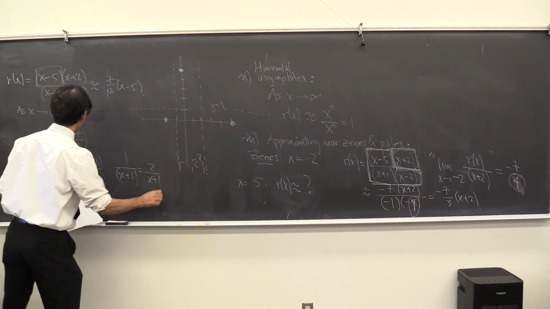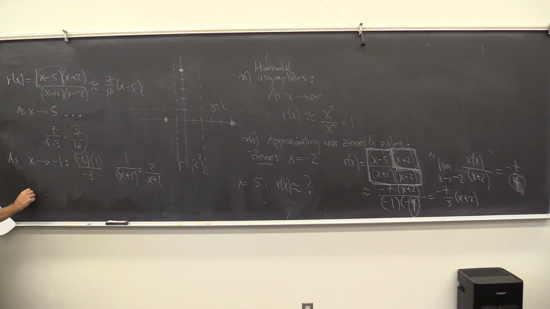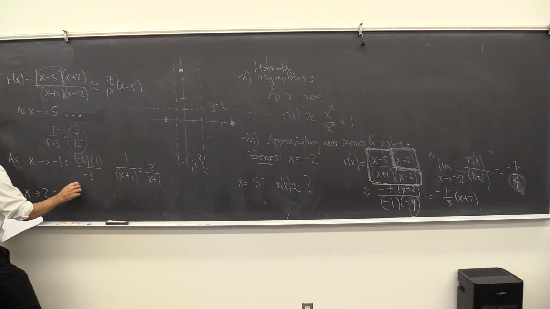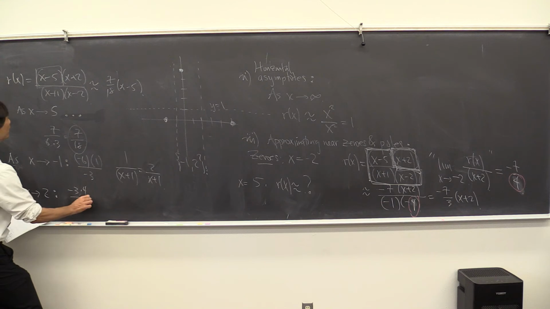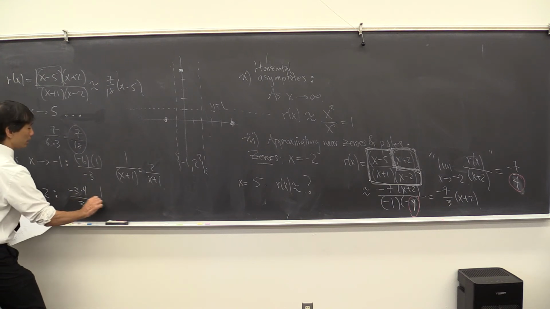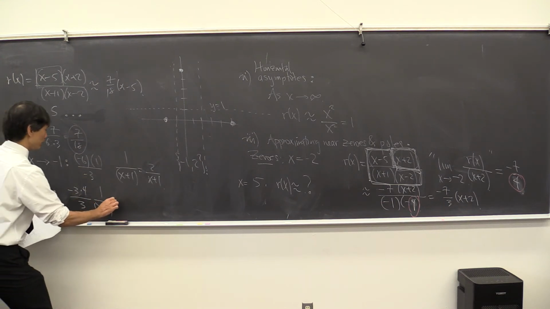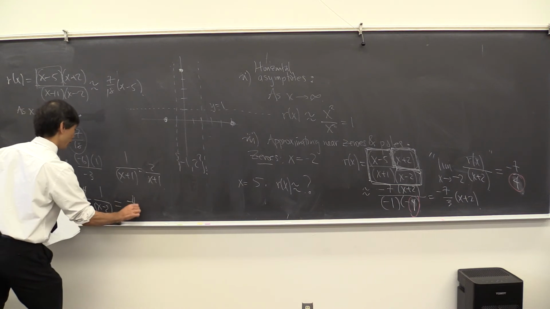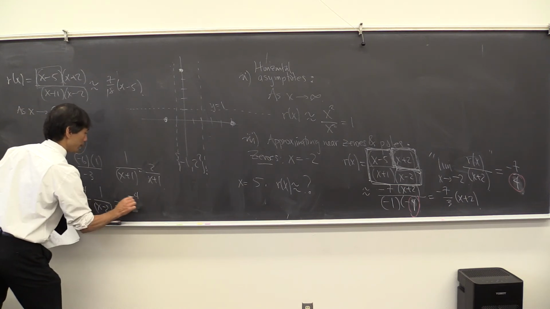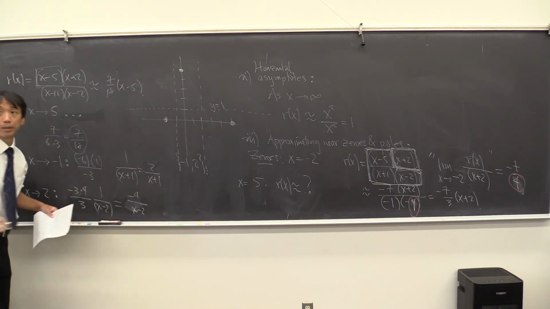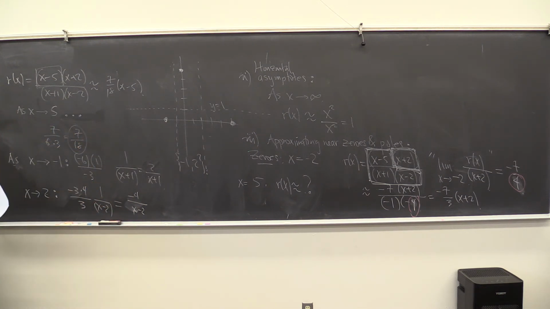And as x goes to 2, we're going to get -3 times 4 over 3, everything times 1 over x minus 2. And so we get -4 over x minus 2. Everybody happy with that? Any questions? If anything's confusing, just say so.